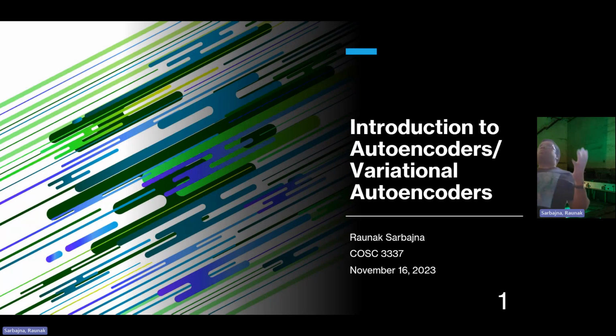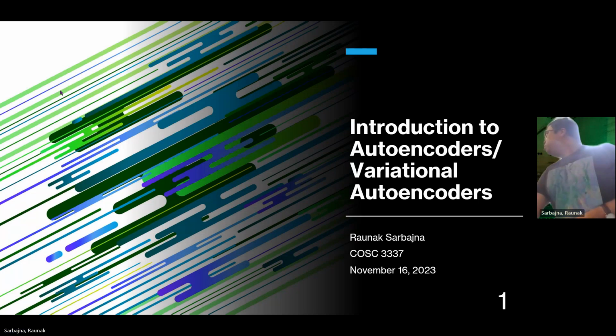Autoencoders are very useful, and your task 5 is essentially autoencoders. For task 5, we'll be giving you the entire code base. All you need to do in Python is put in how the model is supposed to look, and then work out what your display results are supposed to look like. So you don't have to do a lot of work for task 5, but you need to understand what autoencoders are. Okay, so let's start with that.